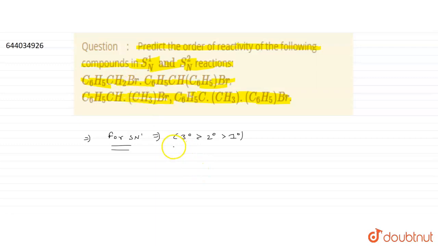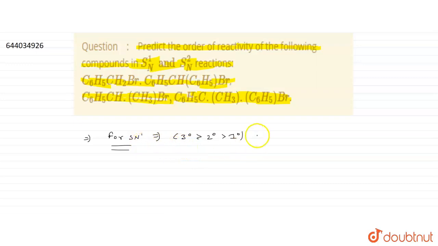So in SN1 mechanism there are two steps. The first step is formation of carbocation and the second step is attack of nucleophile on the positive carbon. In case of 3-degree alkyl halide, there will be formation of 3-degree carbocation, and we know 3-degree carbocation is the most stable carbocation. So 3-degree alkyl halide will be the most reactive alkyl halide in this case.